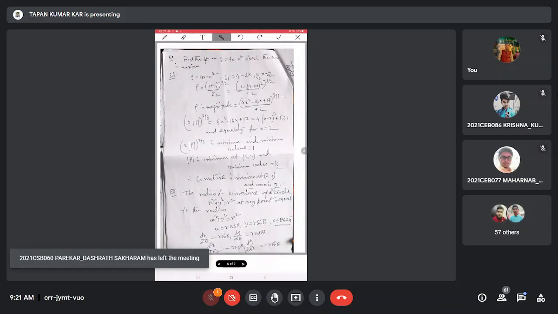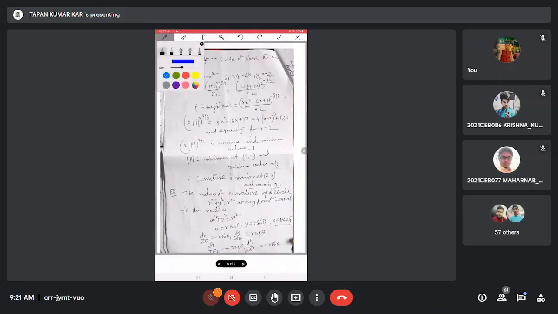Okay, here look at a little different type of problem. Find the point on the curve y equal to 4x minus x square where the curvature is maximum.